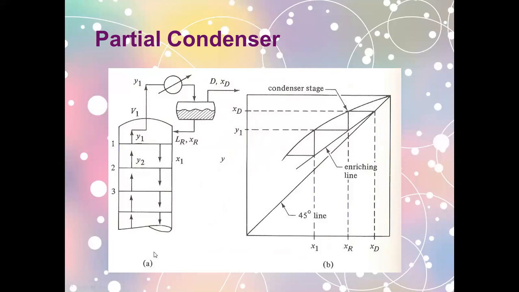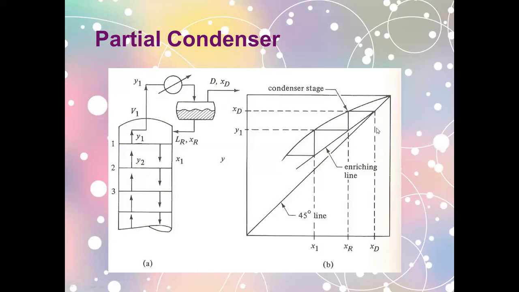Now, there is this thing we call a partial condenser and a total condenser. There has to be a better understanding of the difference between a partial condenser used by the column and a total condenser, and how it affects the determination of the theoretical number of stages in your column. As you could see in the illustration in class on the topic of partial condenser, the first stage drawn graphically on the equilibrium diagram represents the condenser stage.